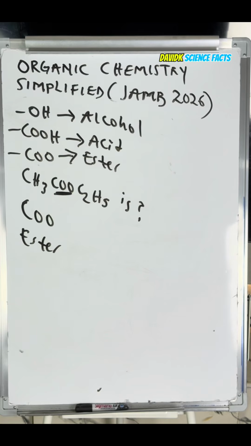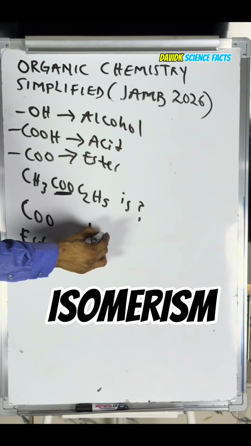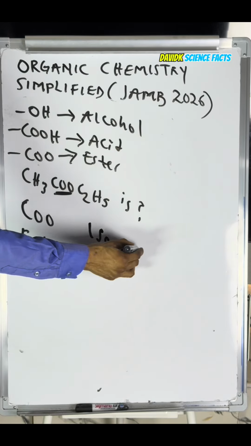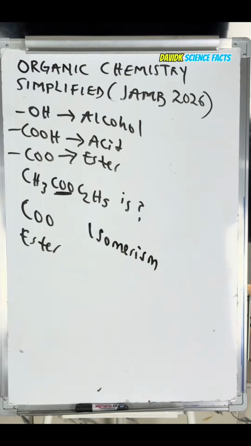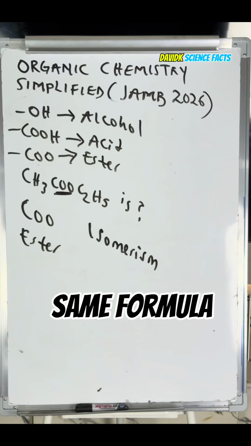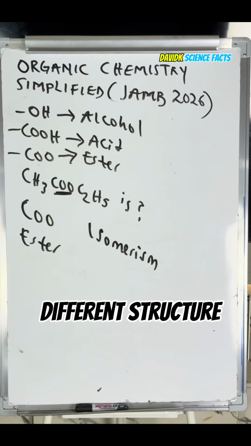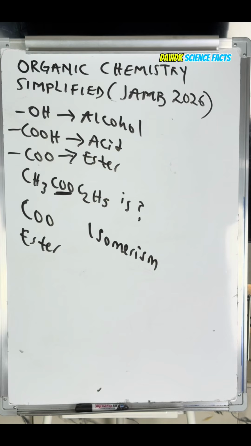So now, here is where students get confused. Two compounds can have the same formula but look completely different. This is called isomerism. Now, these isomers have the same formula but different structures.